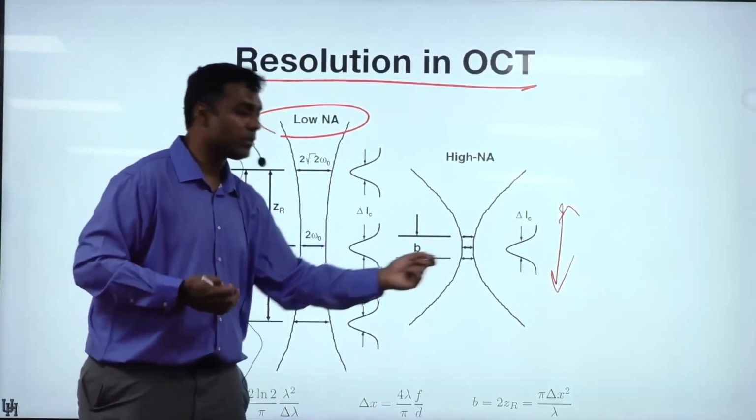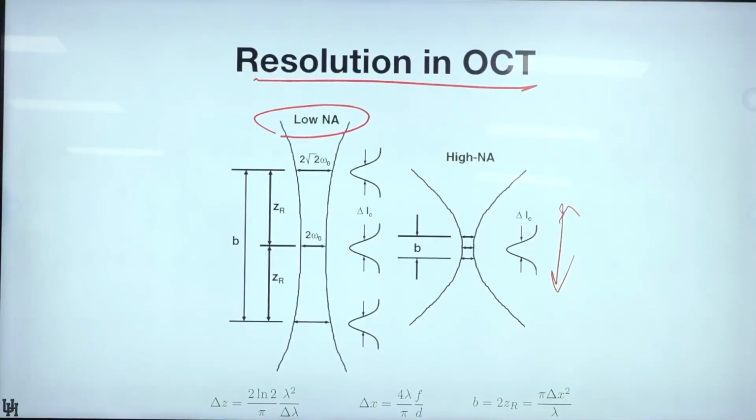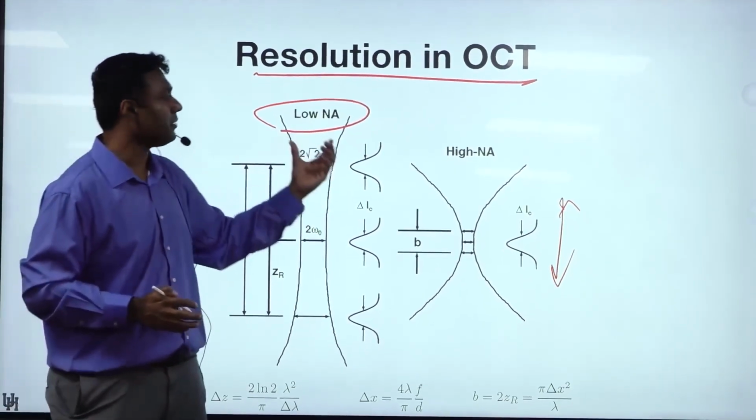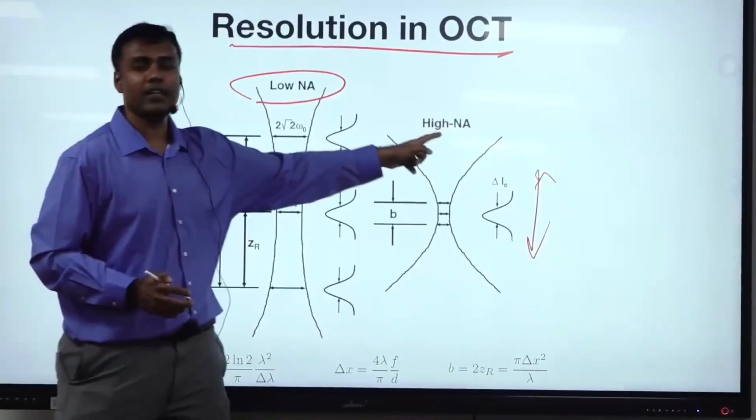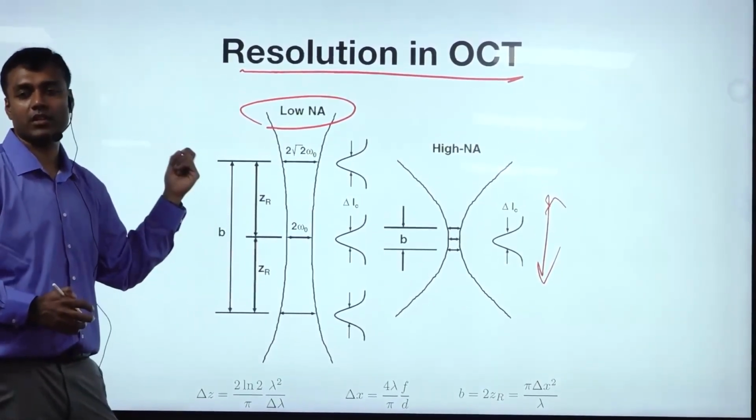There are two types of resolution in OCT. One is spatial resolution, the other is axial depth resolution. Those are two different things. The XY resolution can be made smaller by using high NA. If you use low NA, you'll get bigger XY resolution.